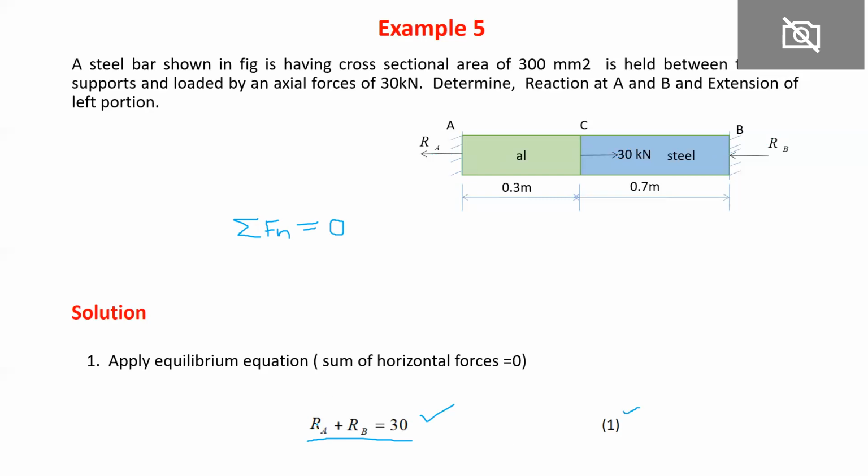There are two unknowns, RA and RB, because we are asked to determine the reactions at A and B. For that we have one equation and two unknowns, so we have to use one more equation. One equation we obtained from the equilibrium equation.